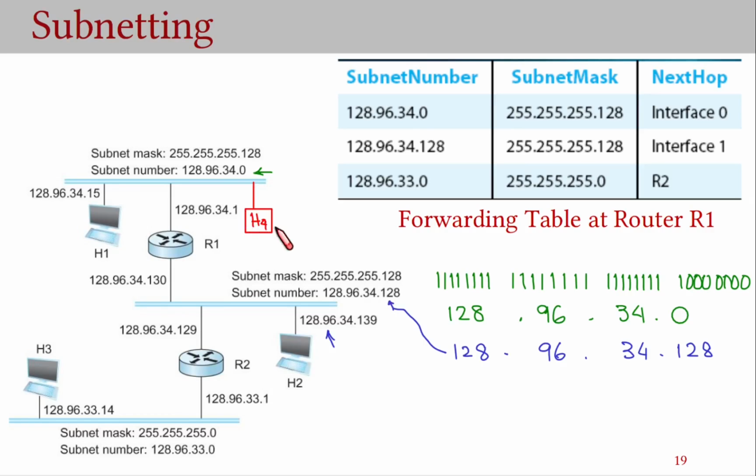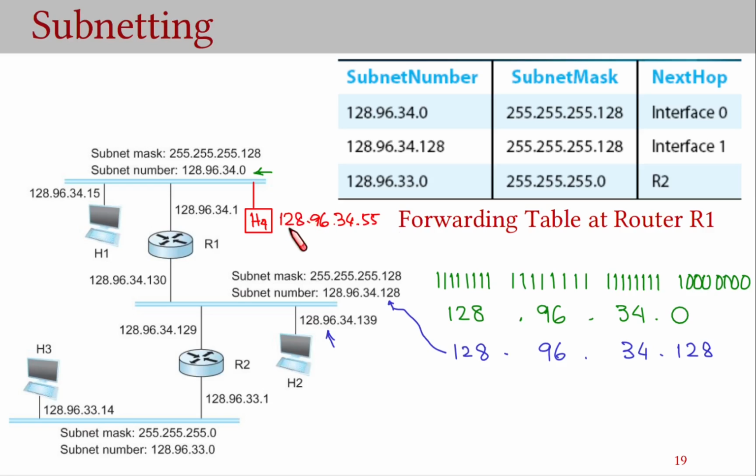Let's say there is another host connected to this subnet called H4. So the IP address of this host is, suppose, 128.96.34.55. And so if H1 wants to send some packet to H4, then this is the destination address.